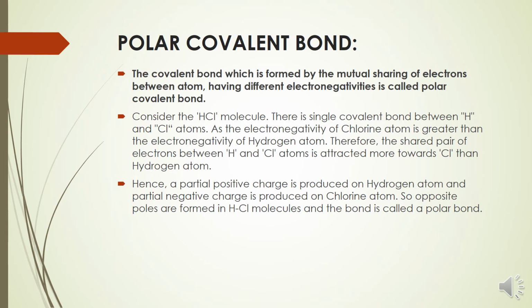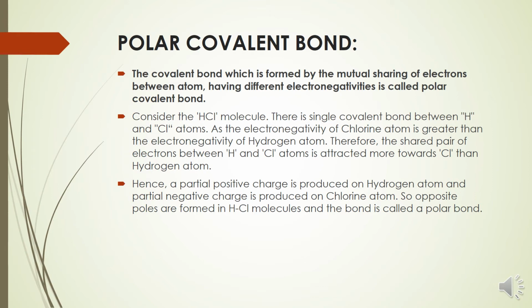Consider the HCl molecule. There is a single covalent bond between H and Cl atoms. As electronegativity of chlorine atom is greater than the electronegativity of hydrogen atom, means the attraction for the shared pair of electrons is greater towards chlorine. Therefore, the shared pair of electrons between hydrogen and chlorine atoms is attracted more towards chlorine than hydrogen atom.